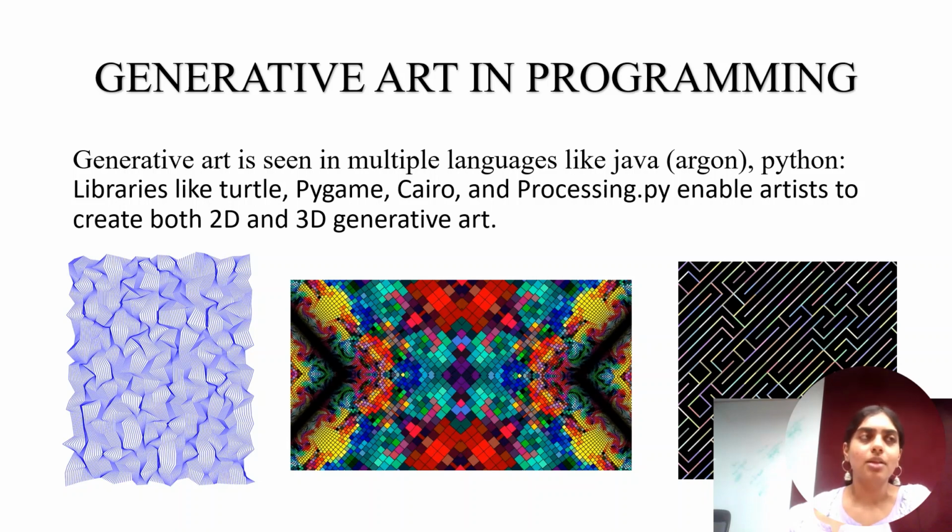So there are multiple types of different programming languages you can use for making this generative art. But right now, what I want to focus on is Rust, which is the programming language that we're going to be using to further our understanding of how exactly generative art happens.